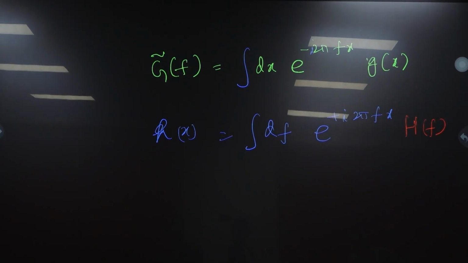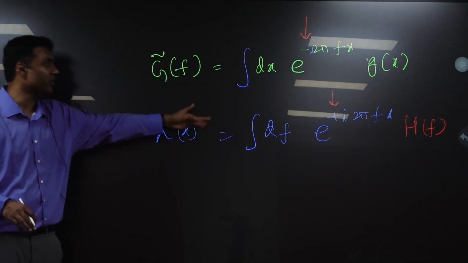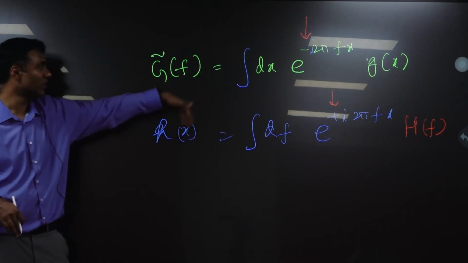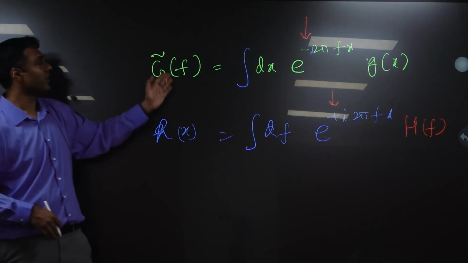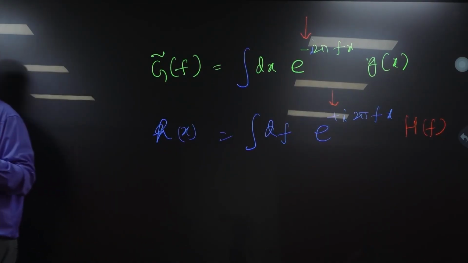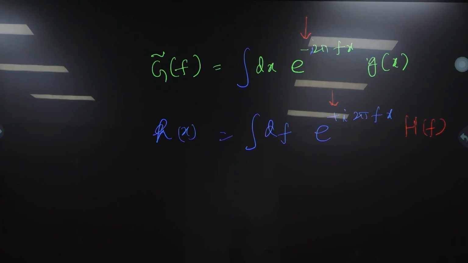So what's the difference here? There is a minus sign here and there is a plus sign here. That's the only real difference, right? There is sometimes a 1 over 2 pi, but that's only if you have omega here. I'm using f here so that there is no 1 over 2 pi problem. So the forward and the inverse are almost exactly the same. Instead of f, you make it minus f.